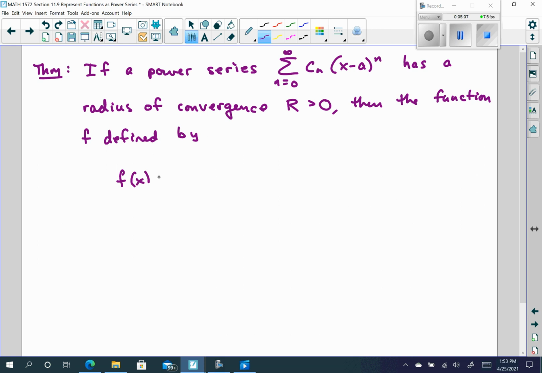f of x, which is equal to c sub 0, the c naught here, plus c sub 1 times the quantity x minus a to the first, and so on, is equal to the sum, as n goes from 0 to infinity, of c sub n times x minus a to the n power. It is differentiable.